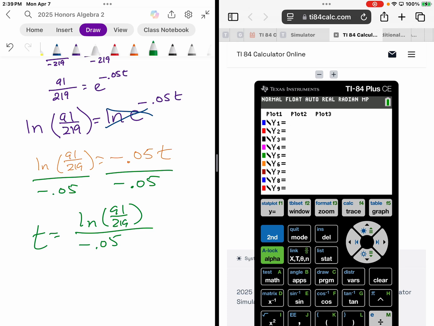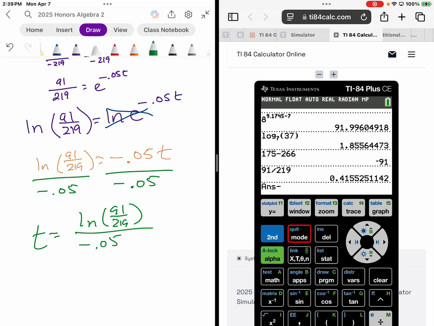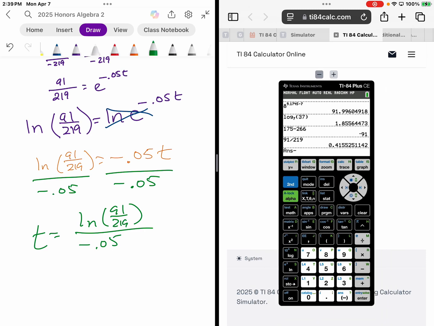All right. So I'm going to go type this in one fell swoop because I feel very confident with my calculator abilities. So alpha x gives me clear that screen. Alpha x, I'm going to go ln, and I'm going to do alpha x again to give me a fraction, 91 over 219. I would always close the ln.